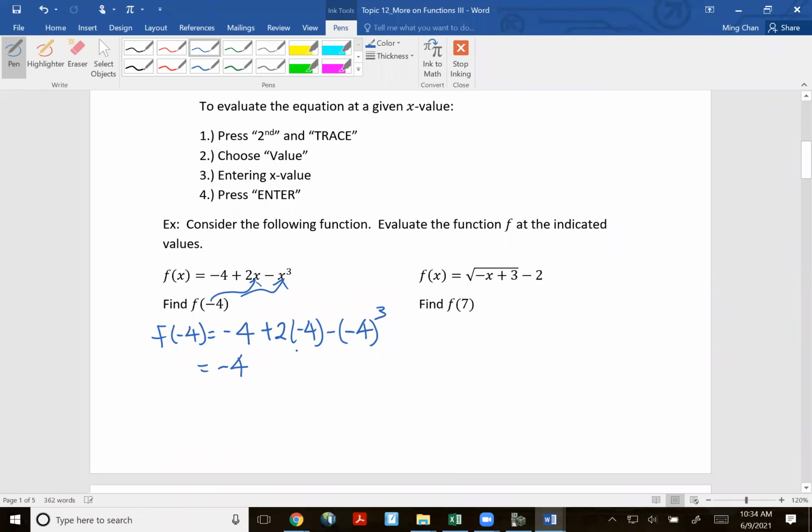Second term, 2 times -4 is -8. This third term is -1 times -4 whole thing to the third power. -4 to the third power is -4 times -4 times -4, which is -64. But this -64 times the -1 will make that 64 positive.